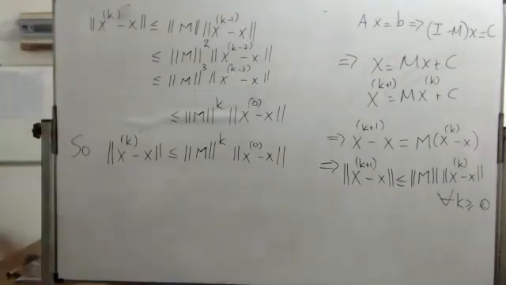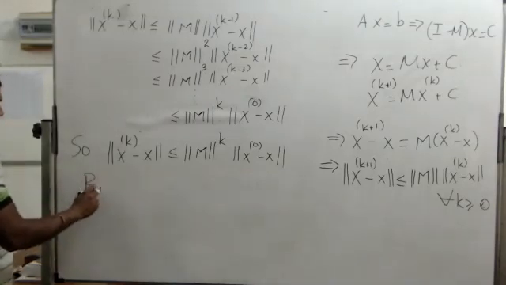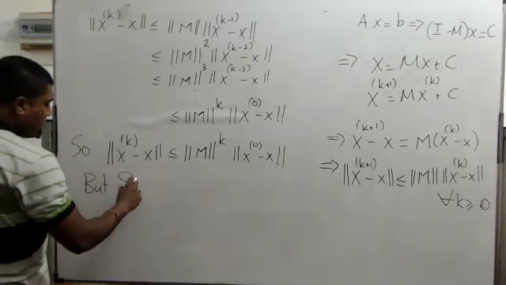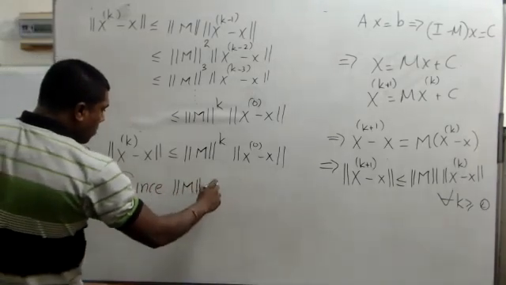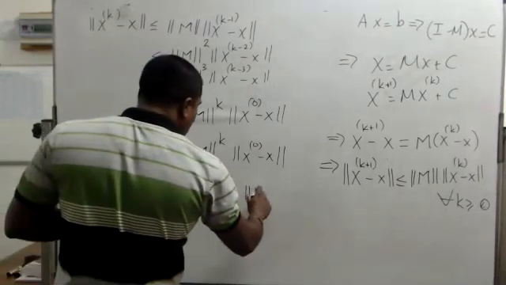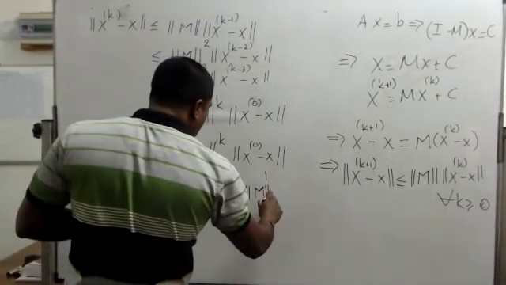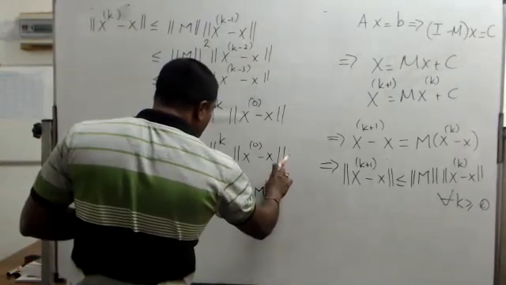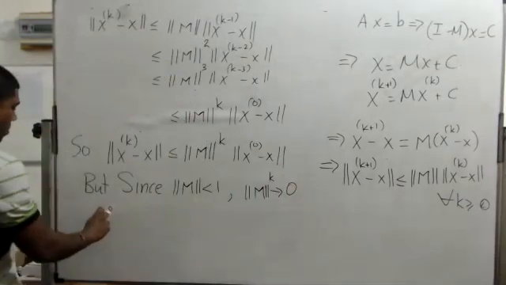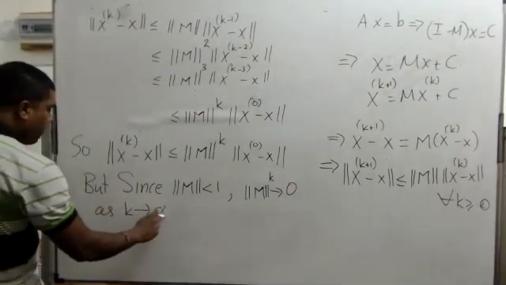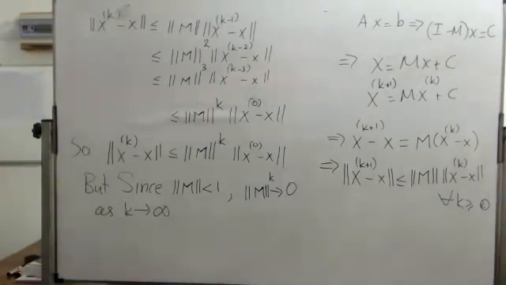So now x_0 is a given fixed value. x is the solution, so that is the fixed value. But the norm of M is less than 1.